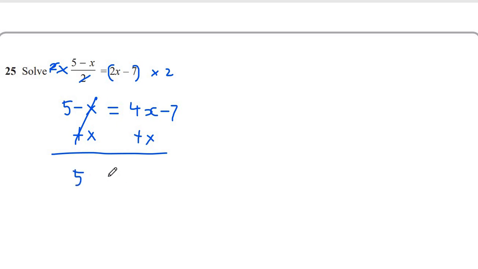We have 5 here, and on this side we have 5x. Oops, I guess I made a mistake here. This is supposed to be 14 because it's 7 times 2. Yeah, so that's 5x minus 14. Sorry.